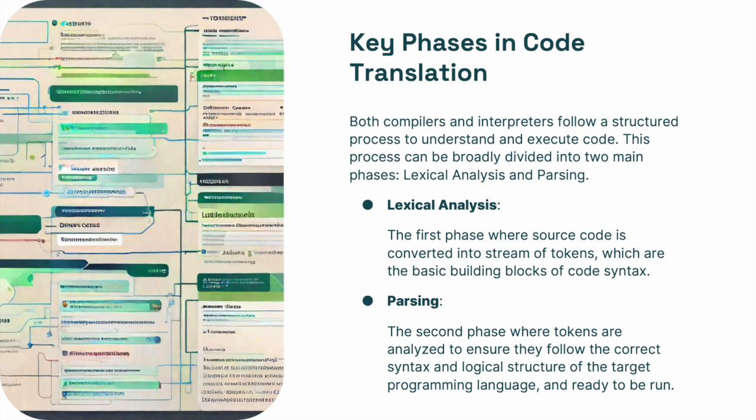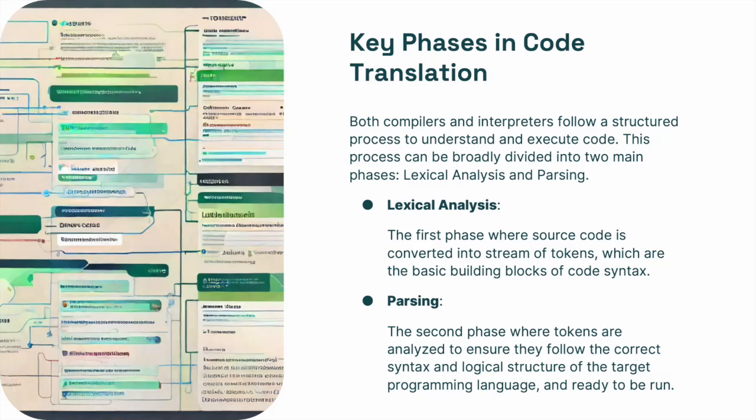So whether you're using a compiler or an interpreter, the journey from your code to something a computer can understand and execute is kind of the same. There are two major phases we're going to focus on in this video, which are lexical analysis and parsing.